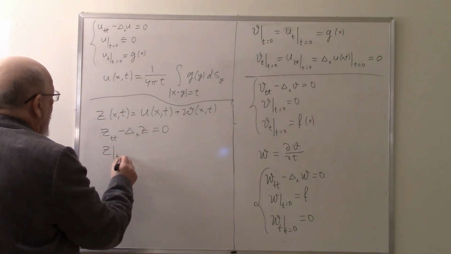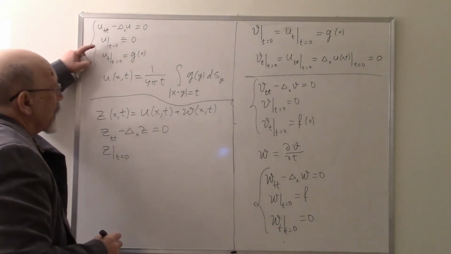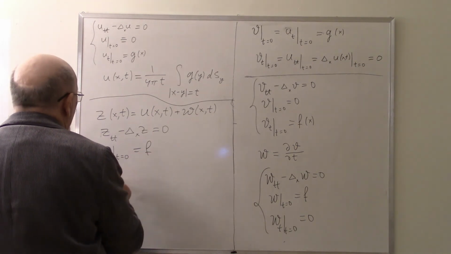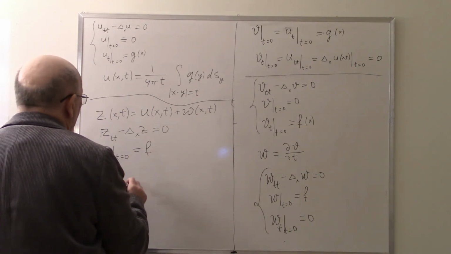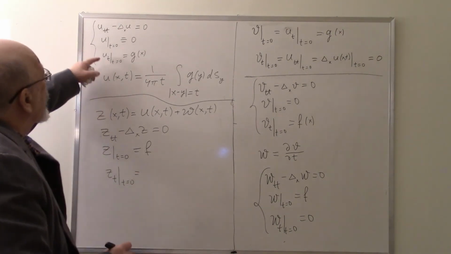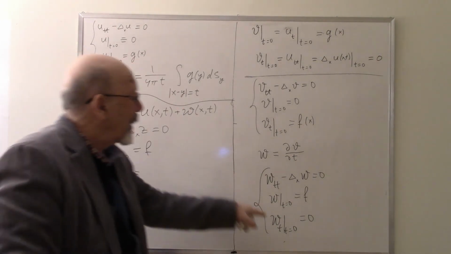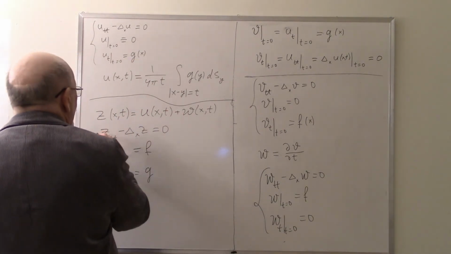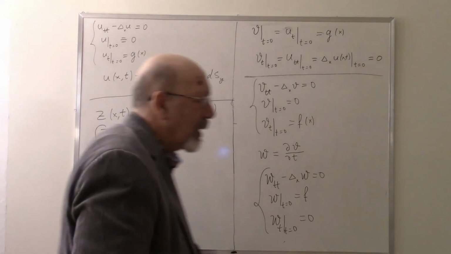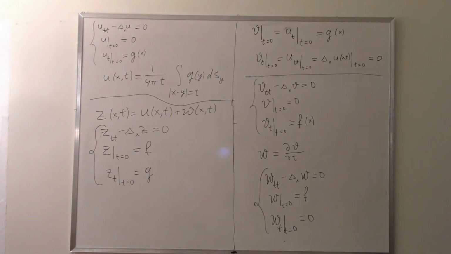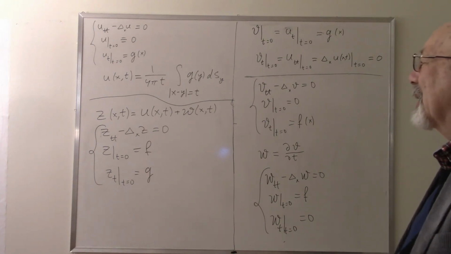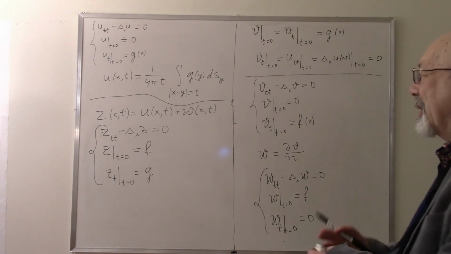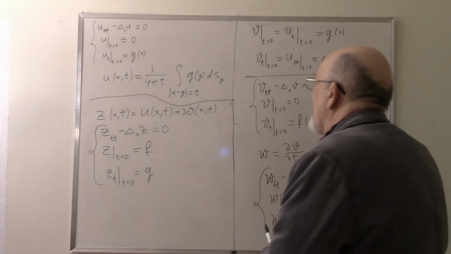Z for t equals 0, u is 0 and w is f, equals f. Z_t for t equals 0, u_t is g, w_t is 0. So it is g. Voila! We have the solution of the general initial value problem for the wave equation. You see how simple it is.